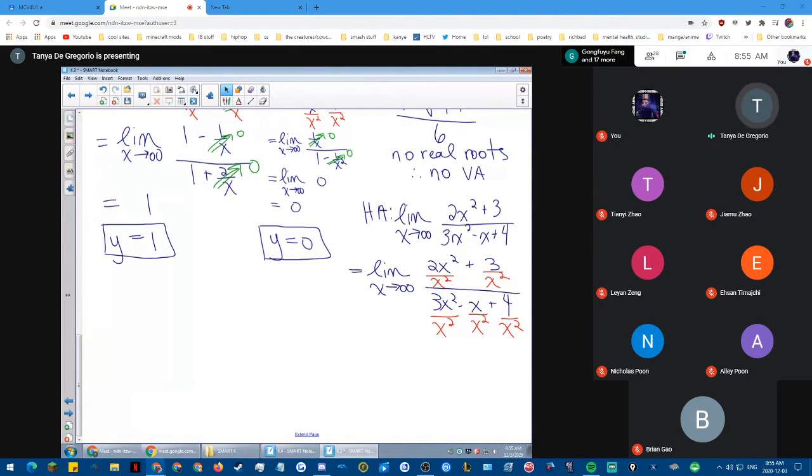Okay, what can I conclude just by looking at this? Want to show an extra step? 2 plus 3 over x squared, all over 3, minus 1 over x, plus 4 over x squared.